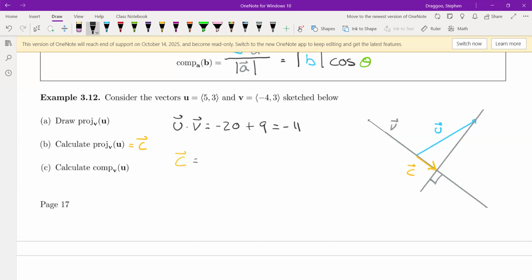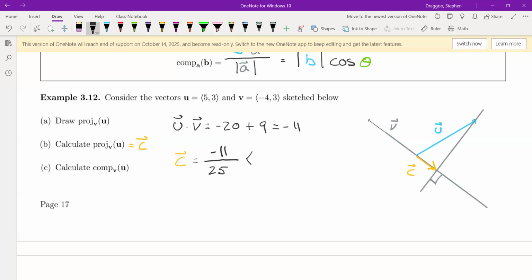We want the dot product of u and v to go up top. That's negative 11. I want the magnitude of my onto vector squared. So my onto vector is v. That's what I'm projecting to. 4 squared plus 3 squared, I think, is 25. Right, 16 plus 9 is 25.